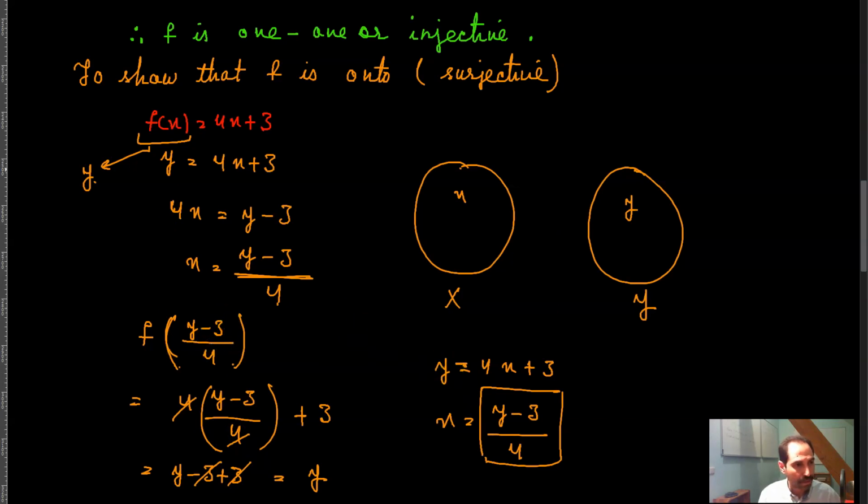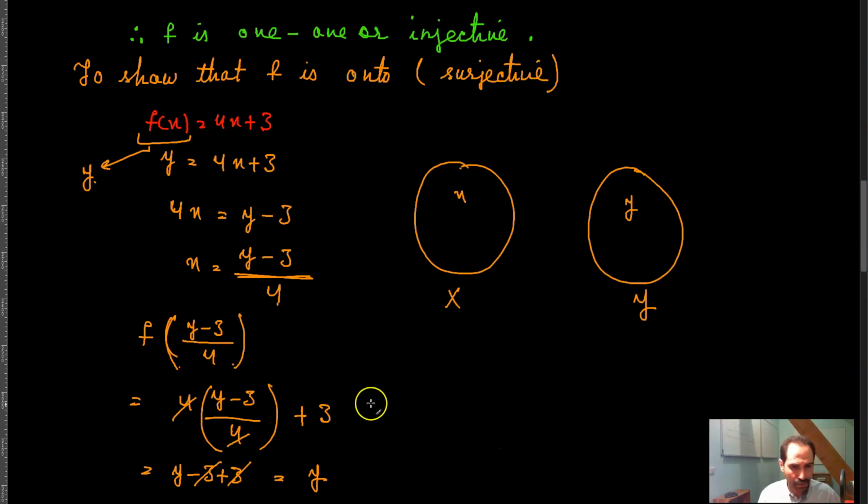So in short, f of (y minus 3) divided by 4, in the case of this particular function, is equal to y, right?